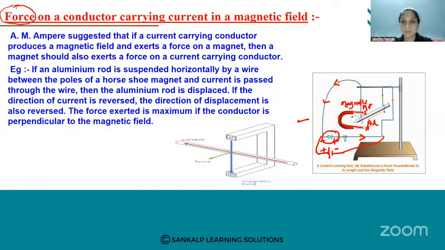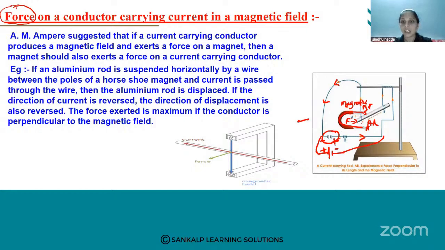When two magnets come close or we keep them apart, there must be some force. It may be attraction: when they come close, it shows the attraction property. When they go away from each other, it shows the repulsion property. We know that. So that same force is exerted here, that is the concept.